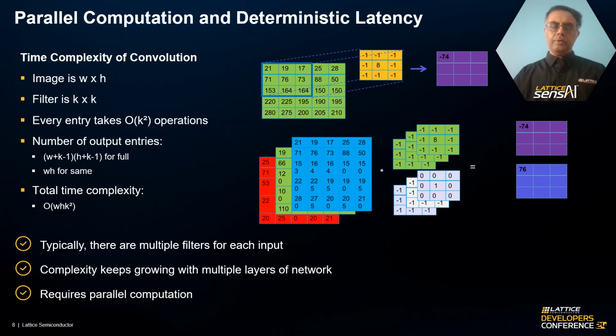As many of you are aware, in neural networks, particularly convolutional neural networks, there are operations like convolution that have polynomial complexities, where you need to make sure things are executed in parallel, otherwise you cannot meet the end application requirement, the response time, the latency, and those kinds of things.